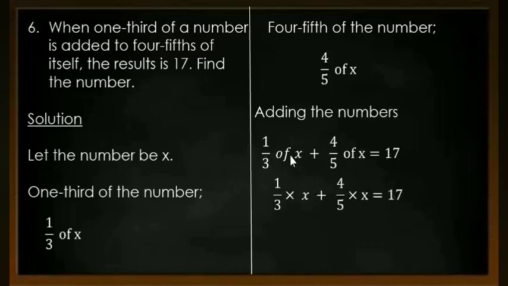In mathematics, of means times, hence the reason why I've changed the word of to times, okay? In mathematics, 1 times x will give us x, 4 times x will give us 4x. That's the reason why we now have x, which is the same thing as 1x, but we don't write 1 as a coefficient in mathematics. We now have x over 3 plus 4x over 5 equals 17.